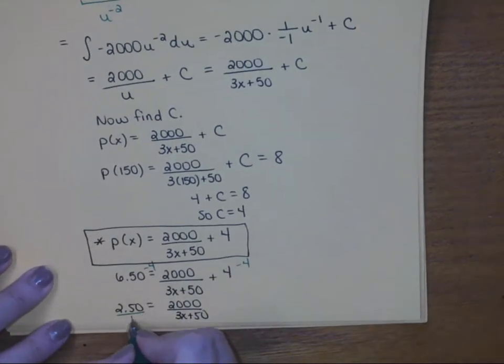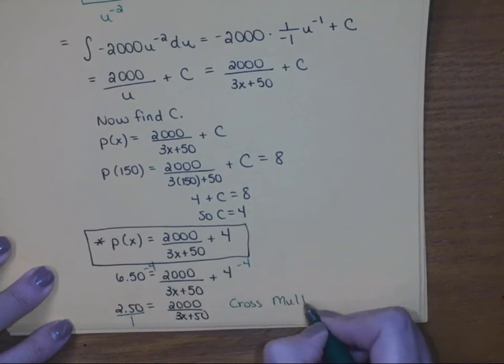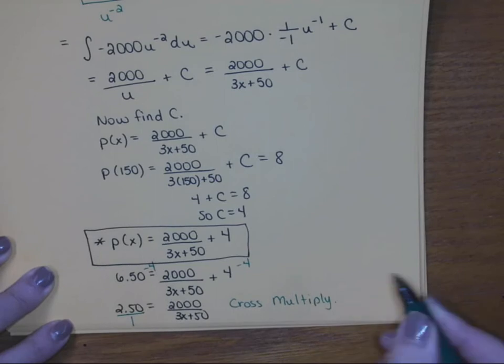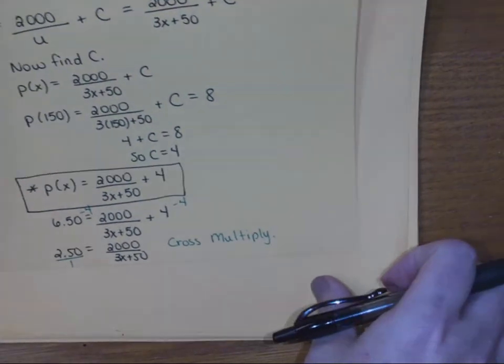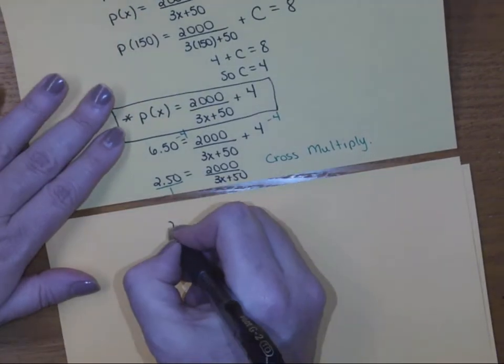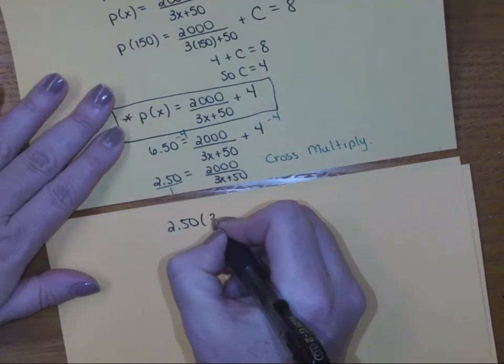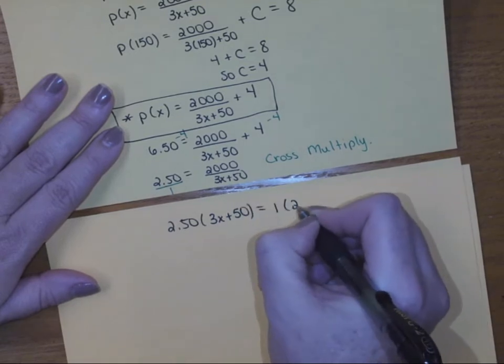So if you think of this as over 1, then hopefully you'll see that we really should just cross multiply here. Anytime you have a fraction equal to another fraction, you just cross multiply. So you're going to do $2.50 times that 3x plus 50, and you're going to set that equal to 1 times 2,000.